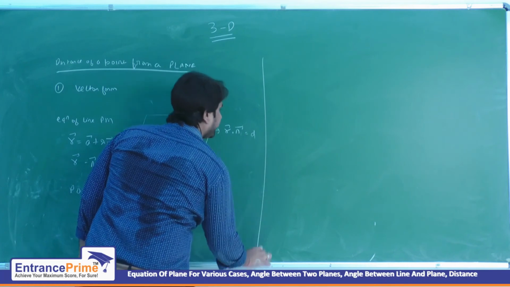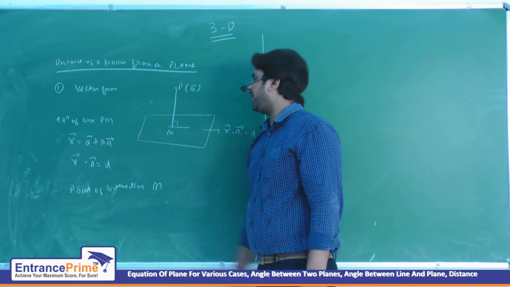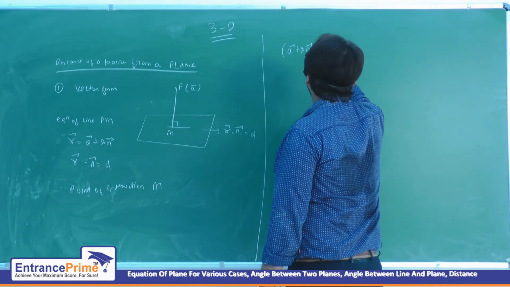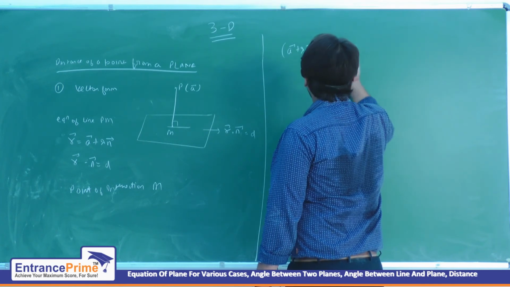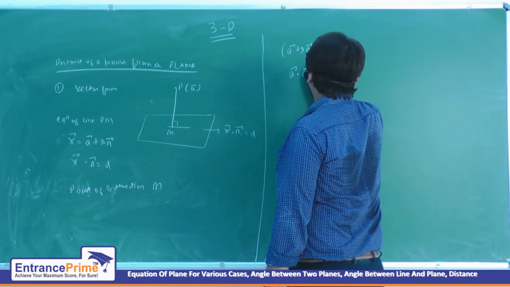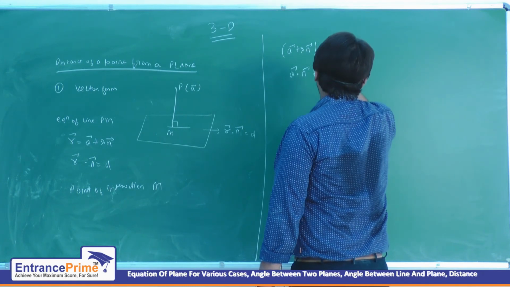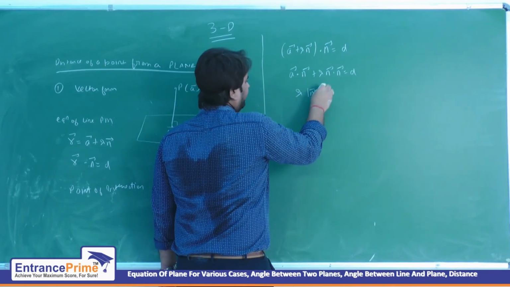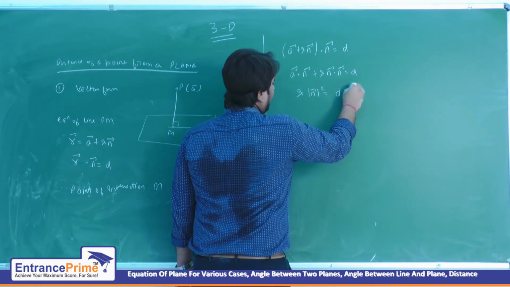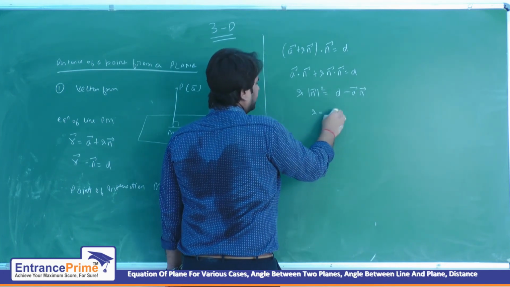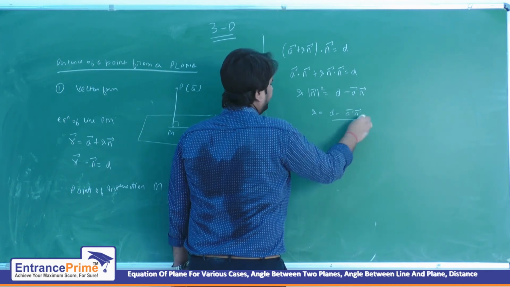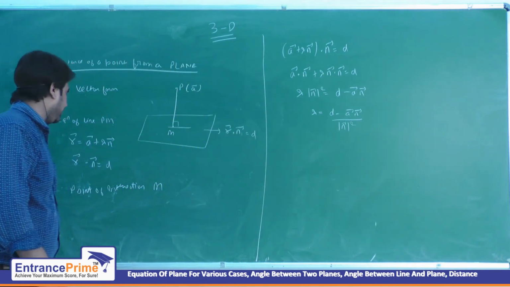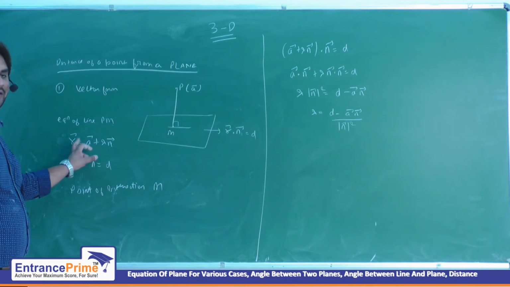So it will become a plus lambda n vector dot n vector, that is equal to D. So it will become a vector dot n vector plus lambda times n vector dot n vector, that is equal to D. So it will become lambda times magnitude of n vector square, that is equal to D minus a vector dot n vector. So lambda comes out to be D minus a vector dot n vector divided by magnitude of n square. Okay, so this is the value of lambda. If you put the value of lambda here, you will get the position vector.